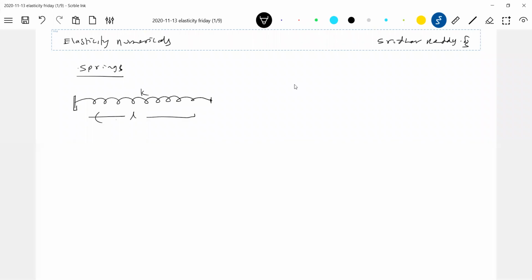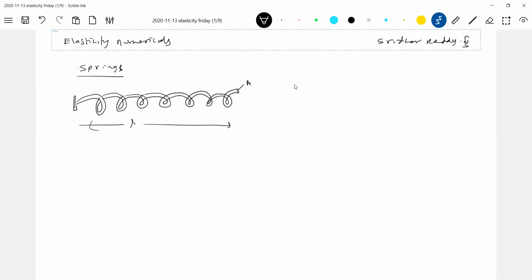So the spring will have natural length L. This particular material will be made up of area of cross section A. This will be the length, and this is the spring constant.